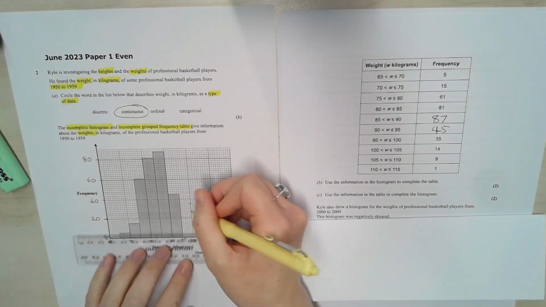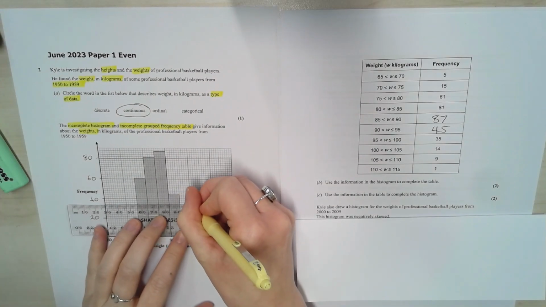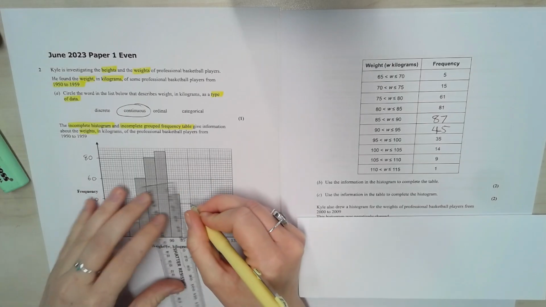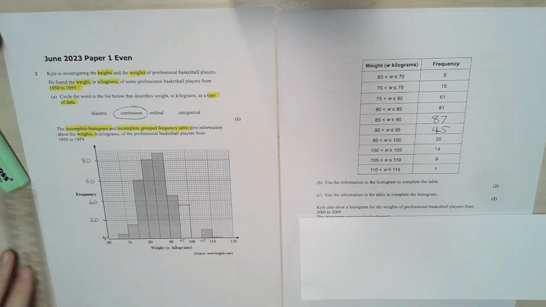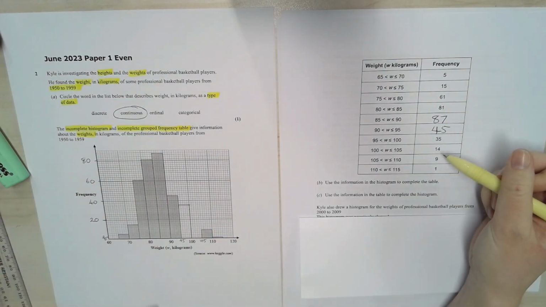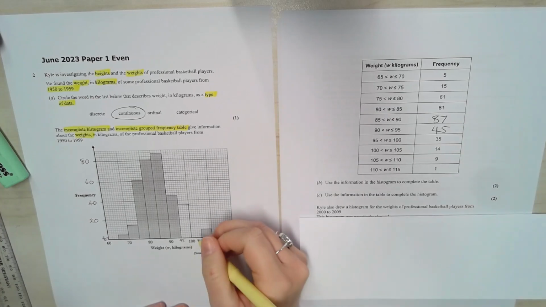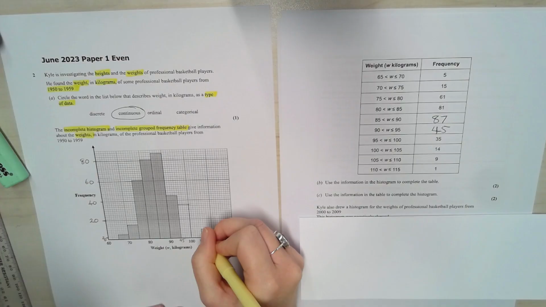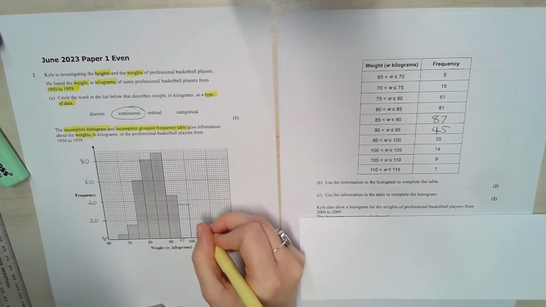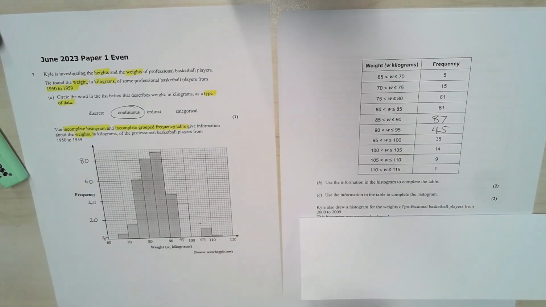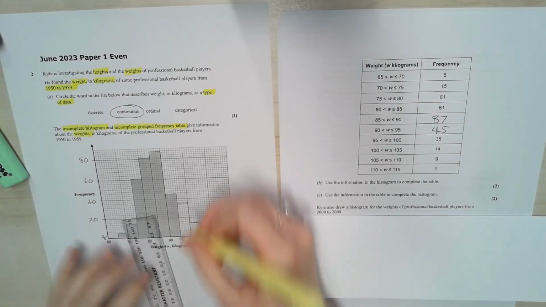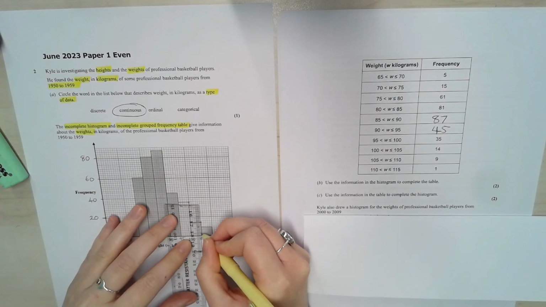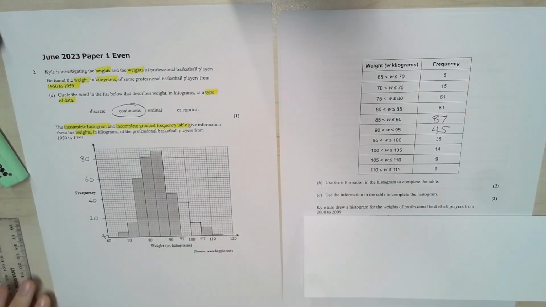We then need to use a ruler and hopefully a pencil as well to complete our bar. Then for our next one we've got 14, so we're going to have to count up 1, 2, 3, 4, 5, 6, 7 up, and again using our ruler and hopefully a pencil we are going to complete our bar.